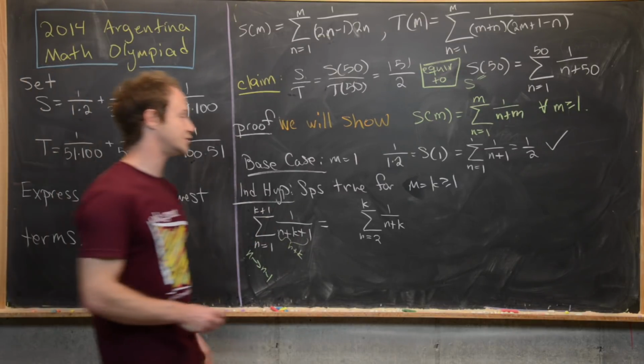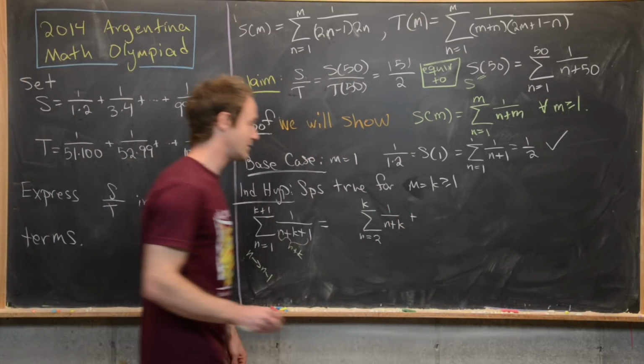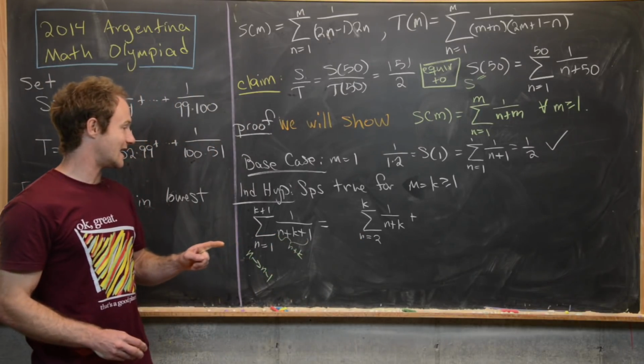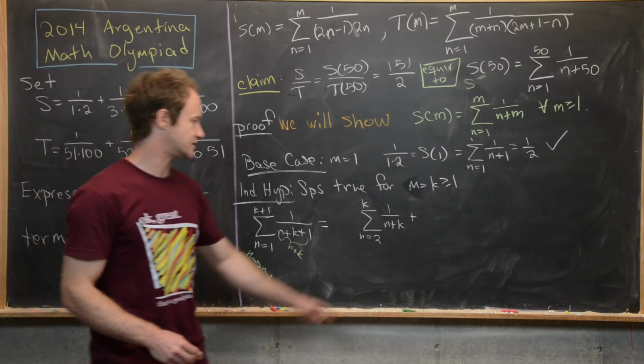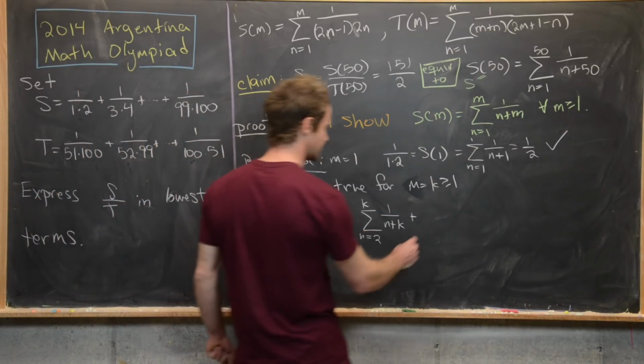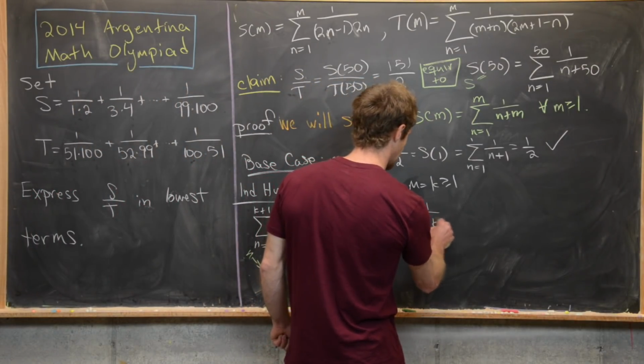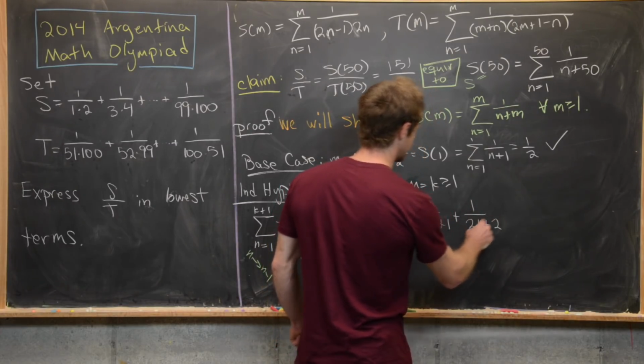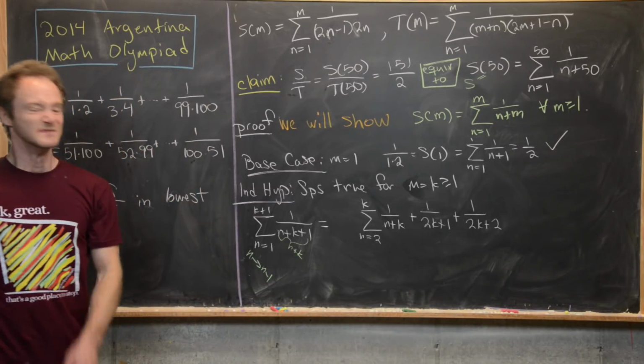So that means we need to add in the k plus 1 and the k plus 2 term. So if we plug in the k plus 1 term, that's going to be 1 over 2k plus 1 plus 1 over 2k plus 2. So that would be the k plus 2 term.